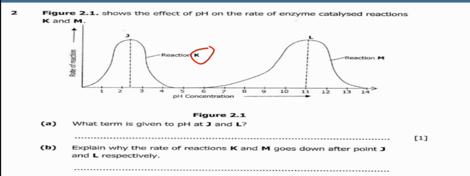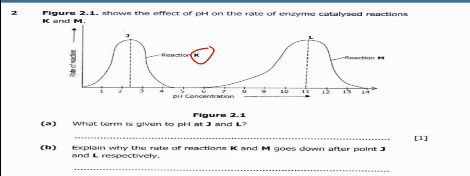The reason why I'm saying it is catalyzing under acidic pH is because the pH less than 7 is called the acidic pH, and the pH more than 7 is called alkaline pH, meaning M is catalyzing the reaction under alkaline pH.